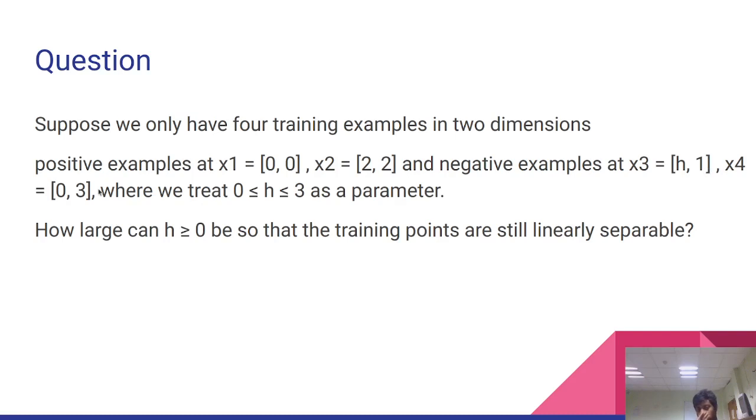So what can be the value of h so that we can still separate them? You can try to draw it on paper to find the value of h. What do you think should be the value of h? You have this point in one class, and these 2 points in the other class.